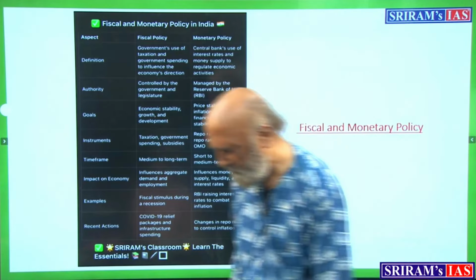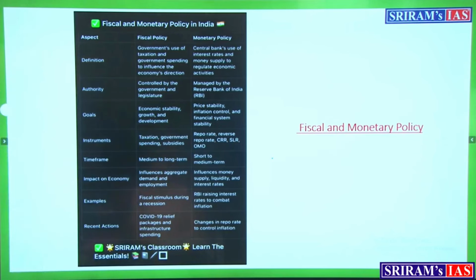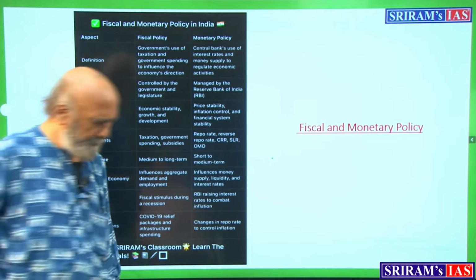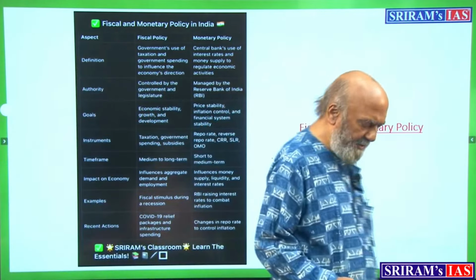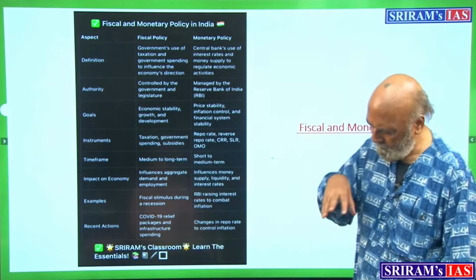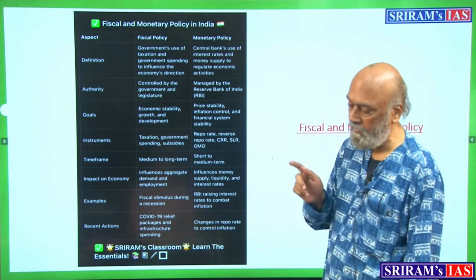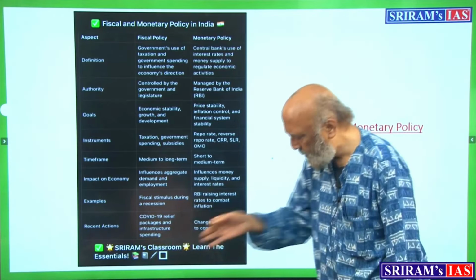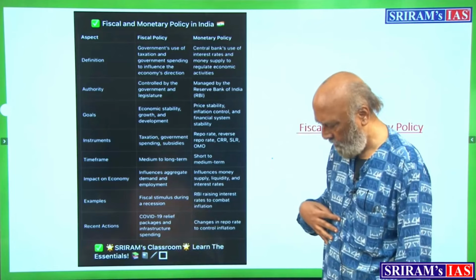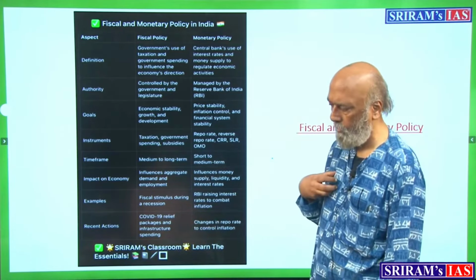Sir, is there any restriction put on RBI under the FRBM Act? See, RBI is the monetary authority. FRBM is for the government. The restriction that the RBI has is that it can't be the primary lender. When I want money, RBI can go to the market, pick up the money and pass it on to me.